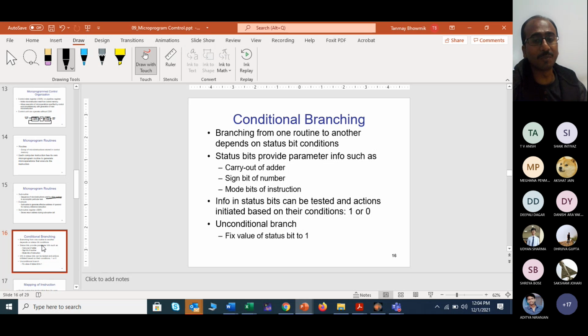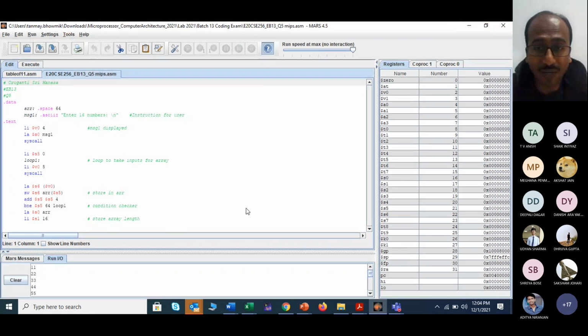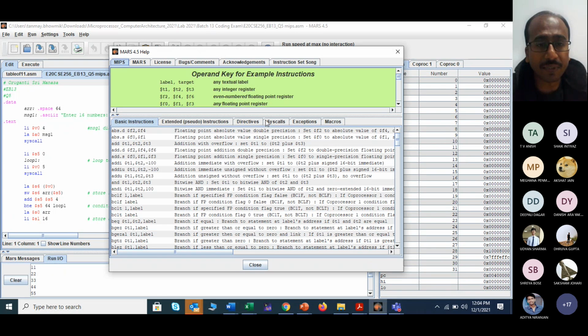Now the next one is mode bits of instruction. So what are these mode bits? If you remember the instruction part, when we were performing the instruction set example or instruction set architecture, at that time it was a very important part to know what addressing mode you are using. Again, for this example, if I open this merge simulator and open this help file, you will see that sometimes there is an operand in the instruction, right?